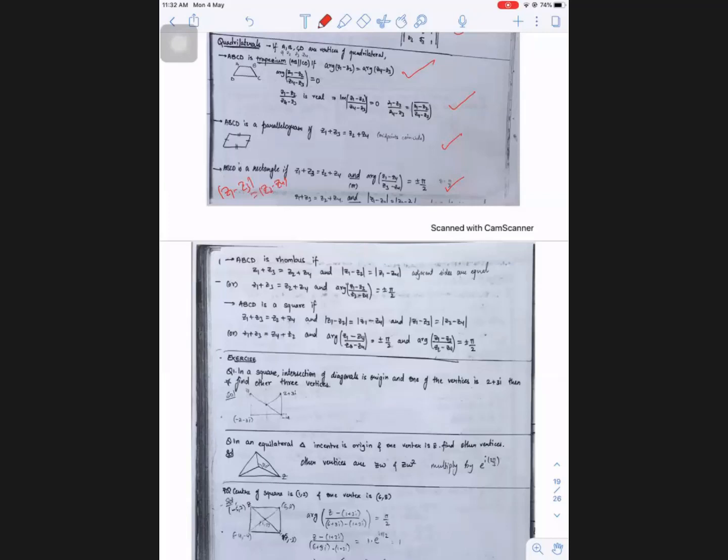Next, if ABCD is a rhombus, adjacent sides are equal and diagonals are perpendicular.